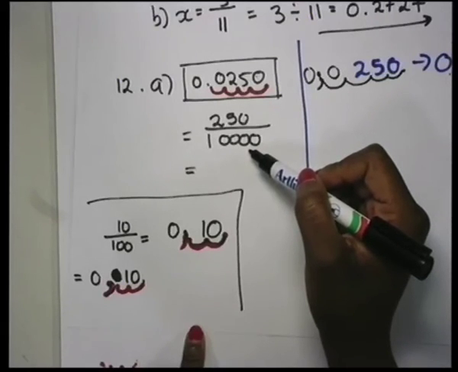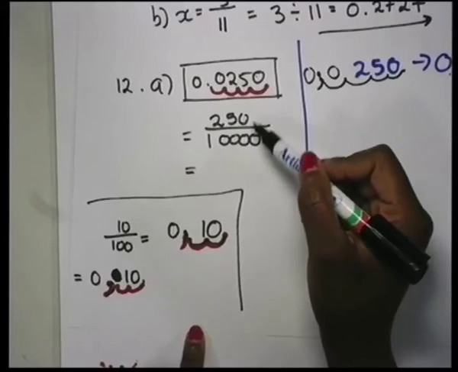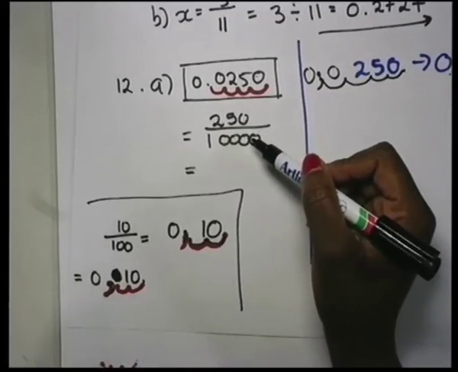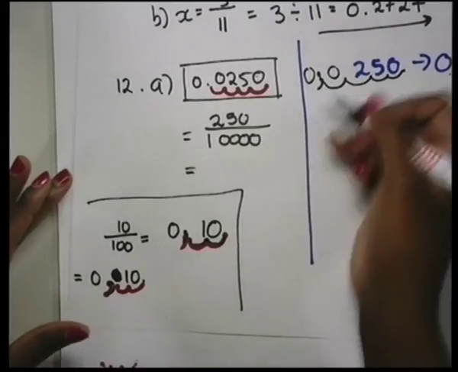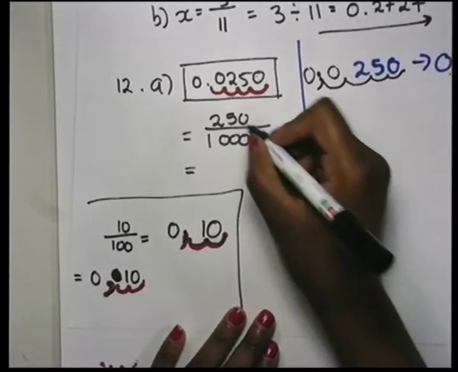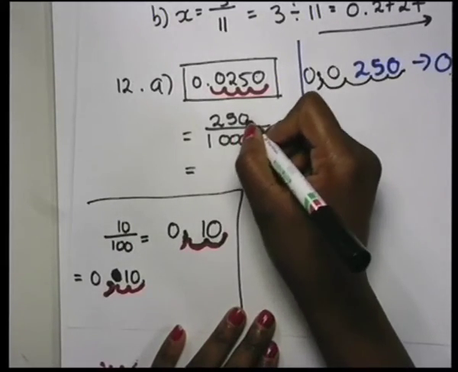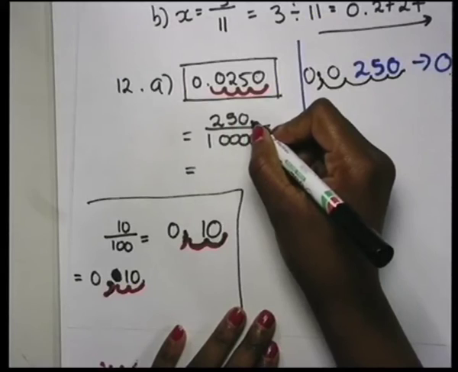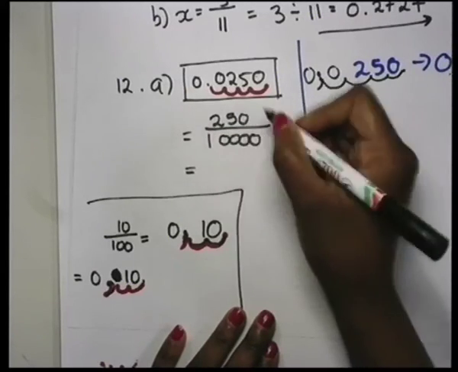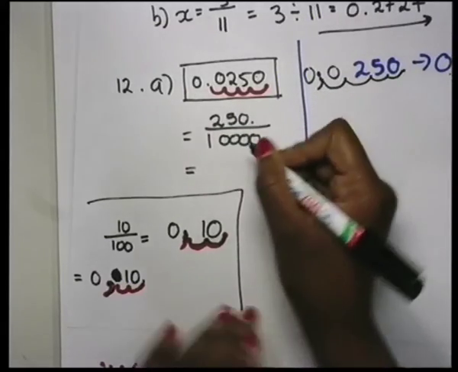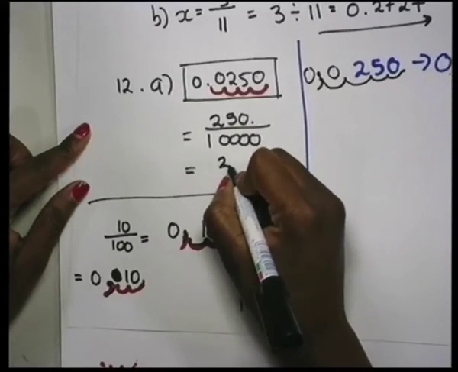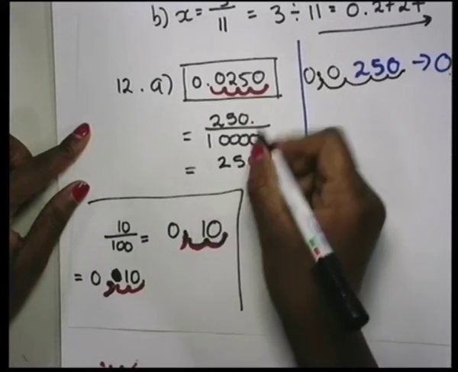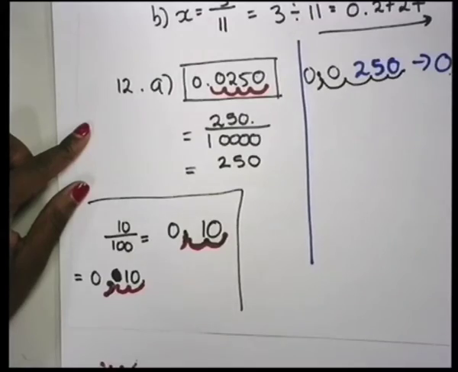But at the same time, I'm also thinking of another way that you can always check yourself. You say, okay, fine, 250, what's 250 divided by 10,000? Meaning that I must move 4 zeros back from this point over here. We're just checking ourselves whether our answer is correct.